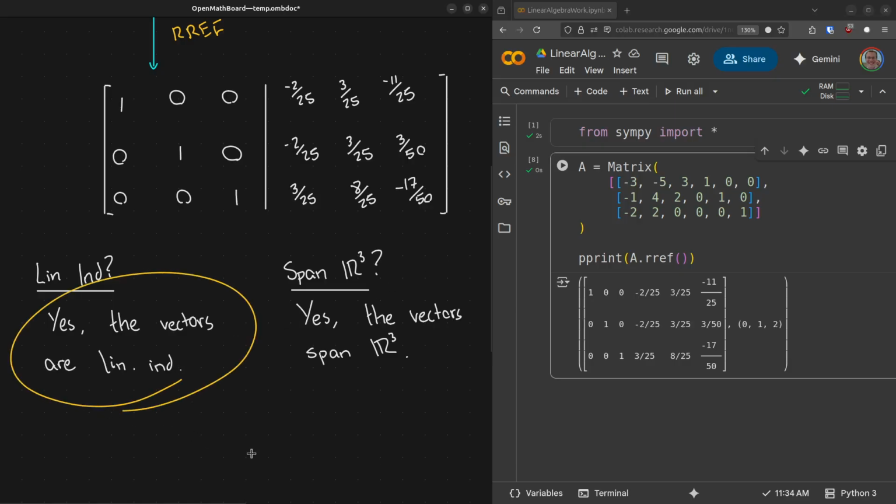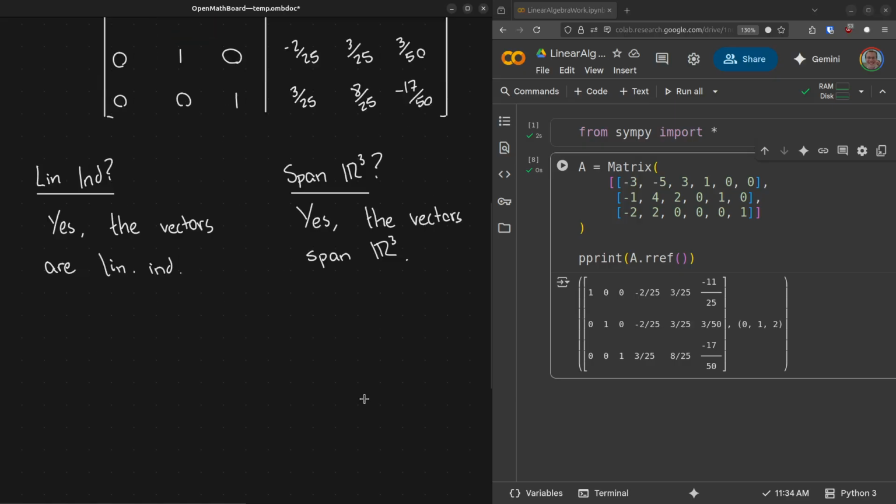Since the vectors are linearly independent and they span R3, that means the vectors form a basis of R3. Okay?